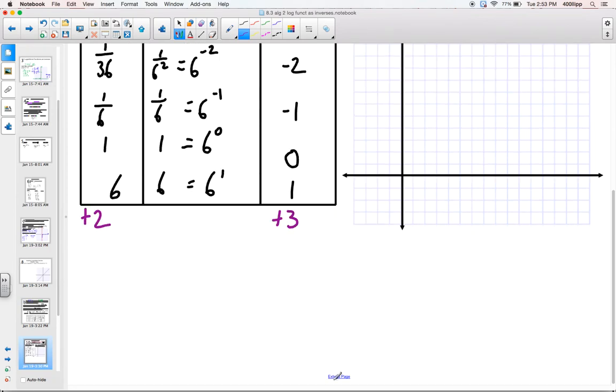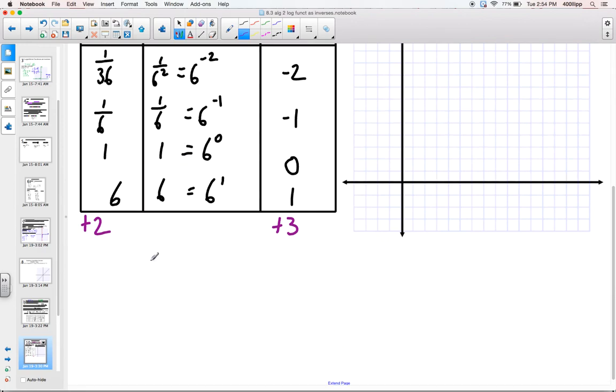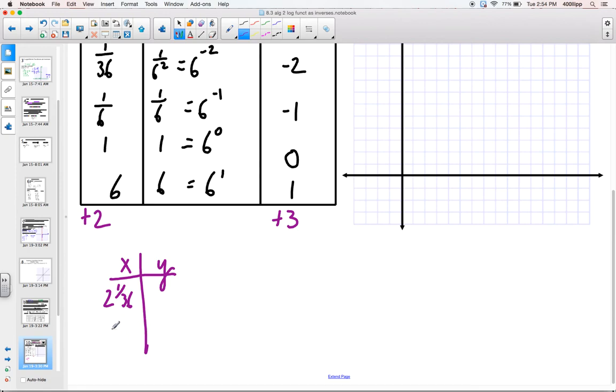So now we'll make a new table here. So here's our new table, our x and our y's. So we're adding 2. So 2 plus 1 over 36 is just 2 and 1 over 36. 2 plus 1 over 6 is 2 and 1/6. 2 plus a 1 is 3, and 2 plus 6 is 8.